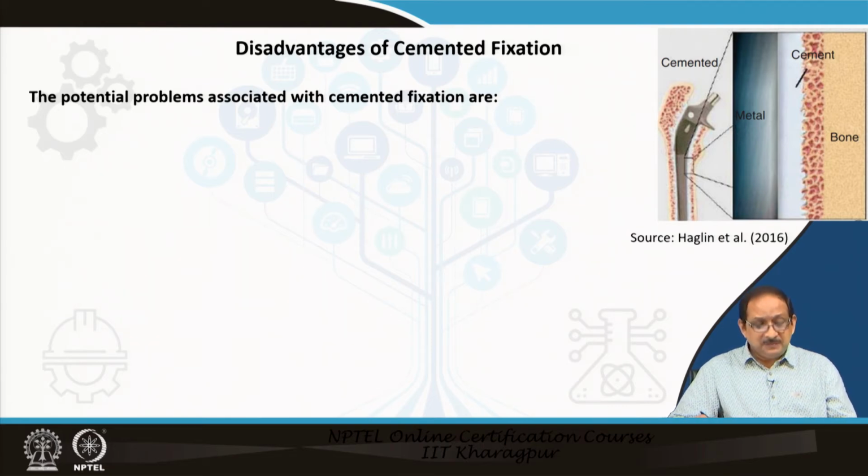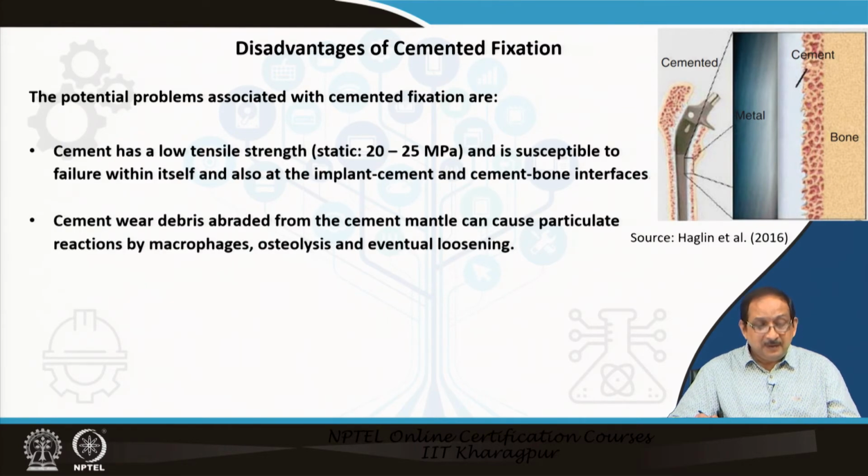Now, there are some serious issues threatening the long-term efficacy of the bone cement. The potential problems associated with cemented fixation are: cement is strong in compression but weak in tension. It is the most likely material where a crack is initiated.